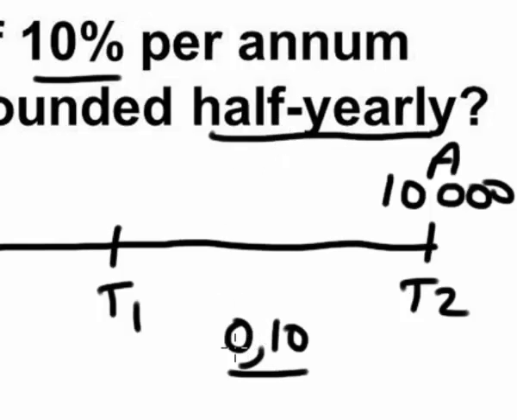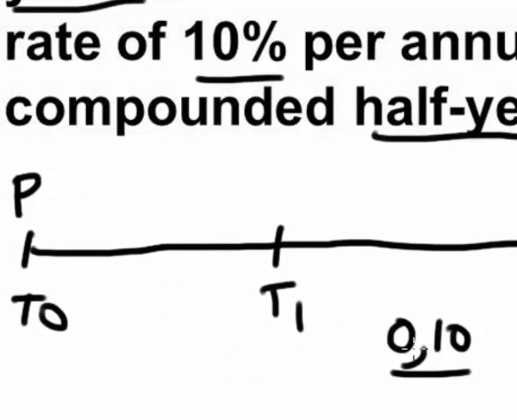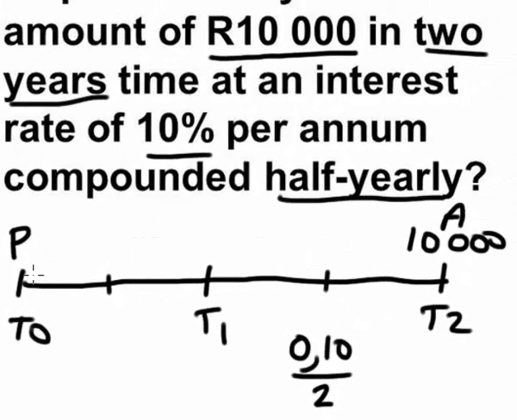Now, if you remember, if your interest is 10% for the year and you divide by 2, you're then talking of half years. That's every single 6 months. 6 months, 6 months, and so we go on. So in a period of 2 years, you're going to have basically 1, 2, 3, 4 six-month periods.